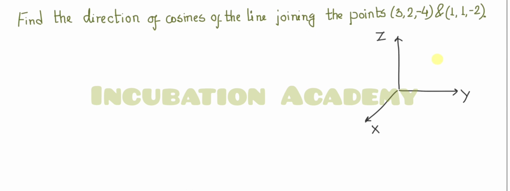Suppose this is a point P with coordinates (x, y, z), and this is my origin. If I connect the origin and the point P, it gives us the position vector of that point P. Now this position vector r makes an angle alpha with the x-axis.